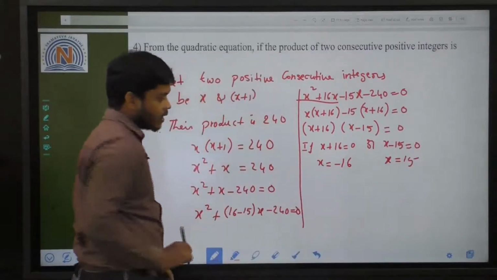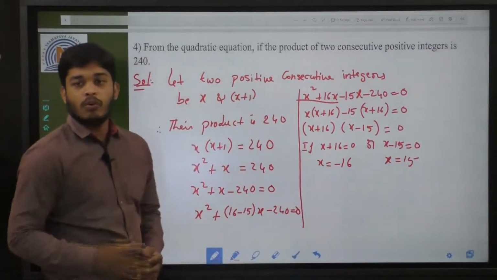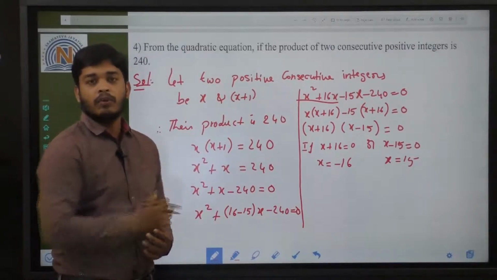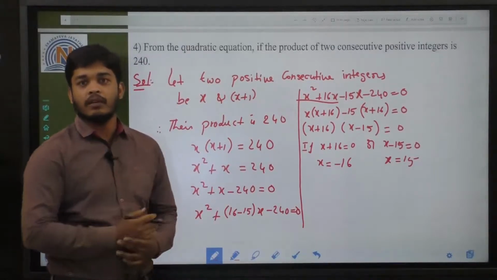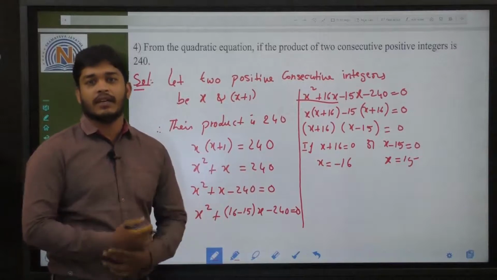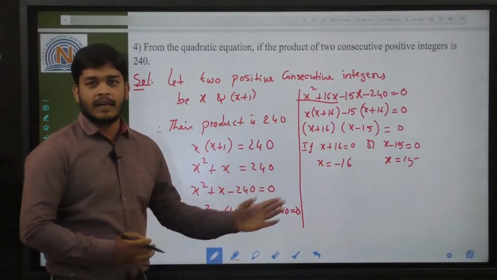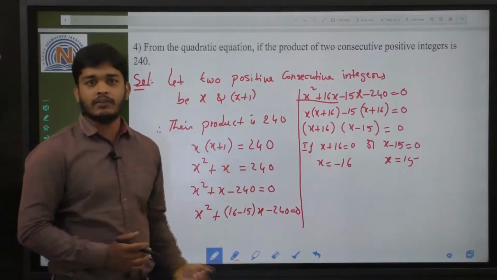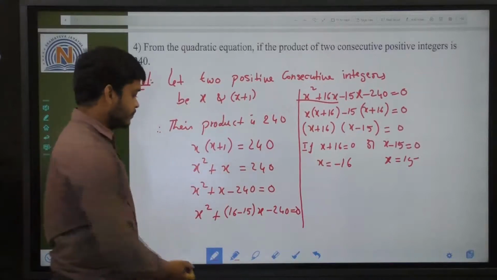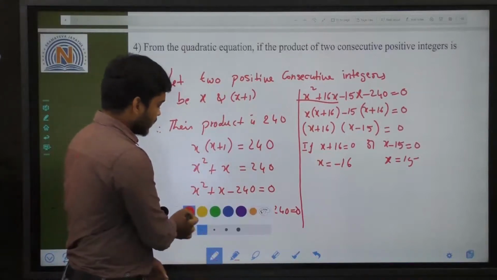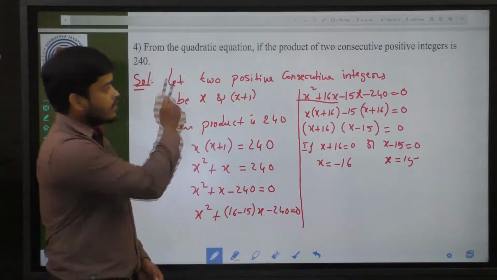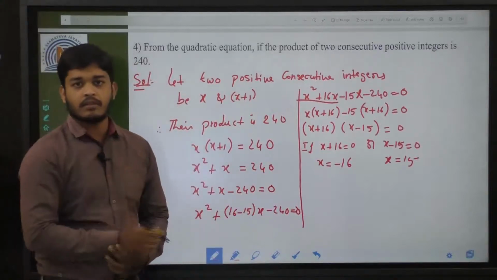See here, we are obtaining two x values: minus 16 and 15. Which value are we considering, minus 16 or 15? The question says they are two positive integers.